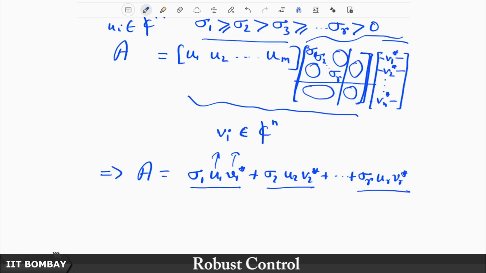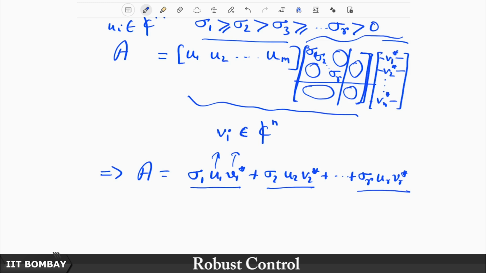By the same token, you can also think of it as every column being a scaled version of the column u1, scaling factor being the entries of v1, right. So, therefore, it has only rank 1 because there is only one linearly independent column and one linearly independent row, respectively, that span the column span or the row span, right.